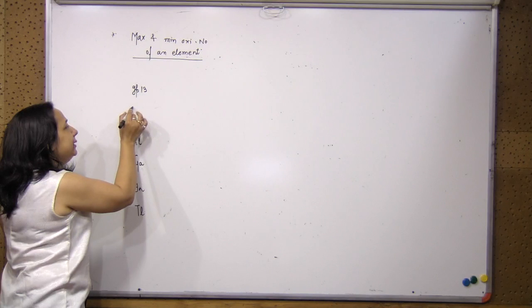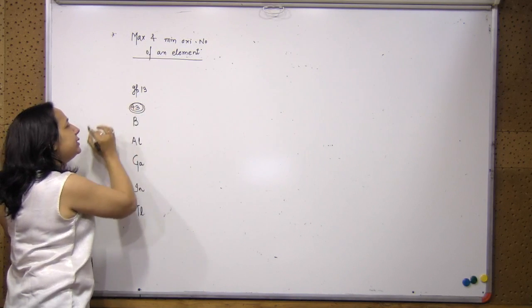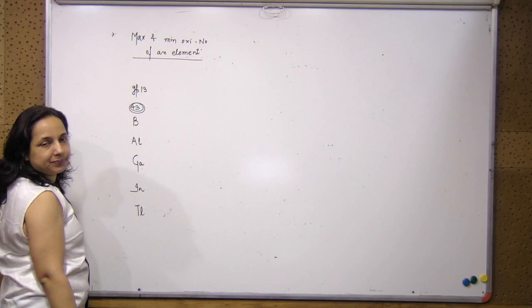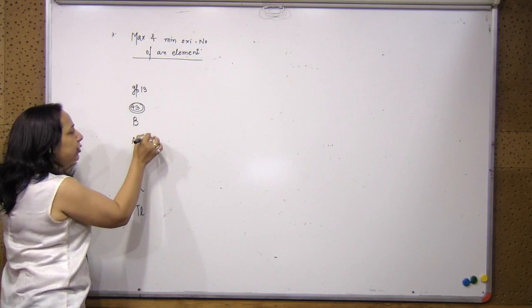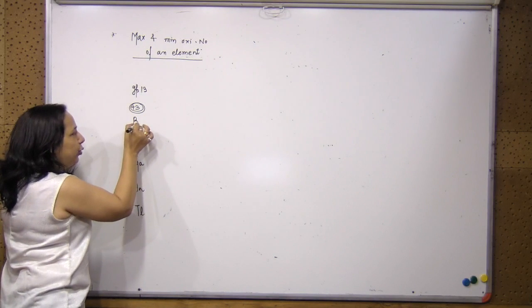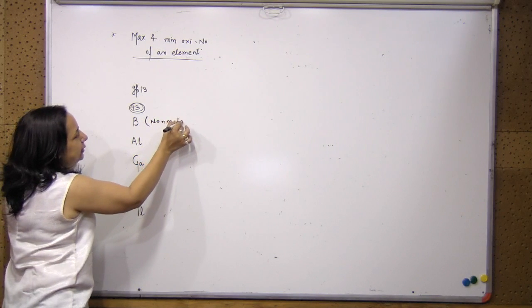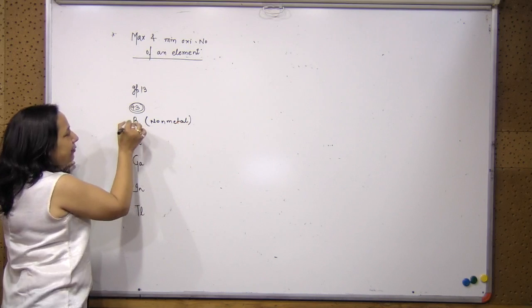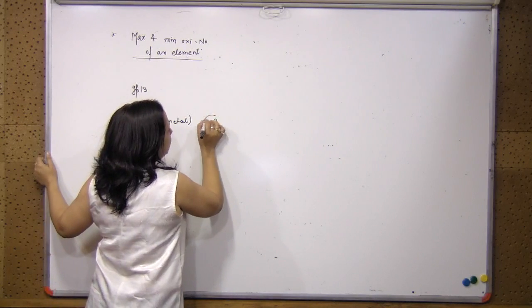Boron family can show a maximum oxidation state of +3. Right? Out of these, boron is a non-metal. When bonded to metals, it may be -3.